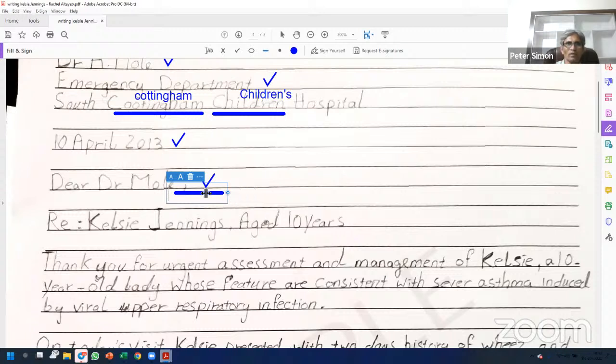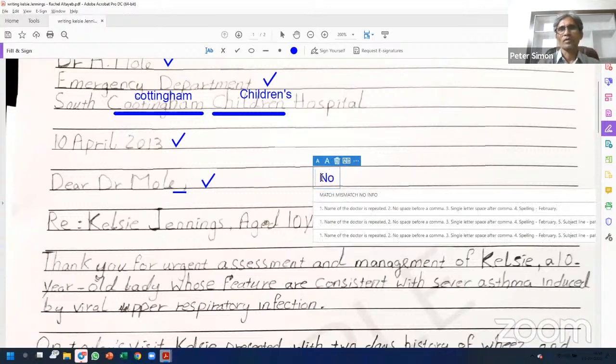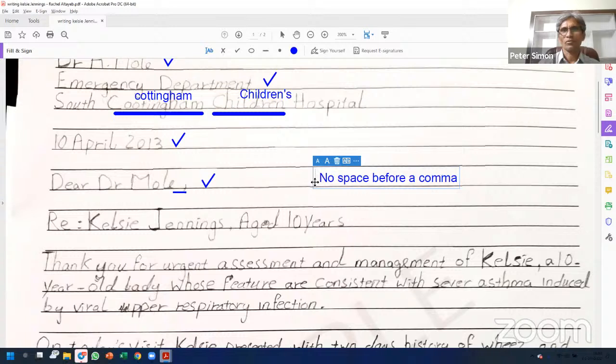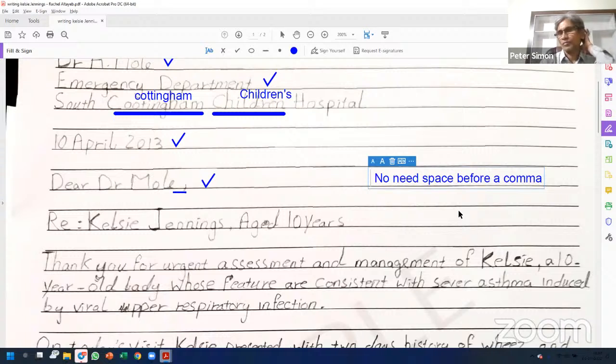No space before a comma. No need of space before a comma.